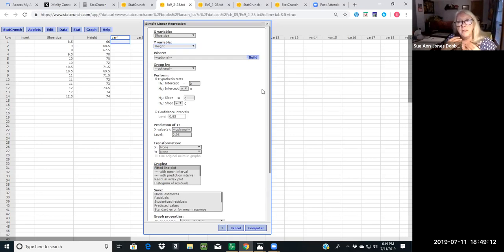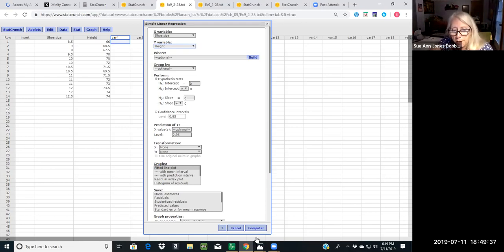If it's written out in an English sentence, the first variable mentioned is typically the x variable, and the second thing mentioned is the y variable. Most of the time, when it's written out, they will actually just say to you, considering the independent variable of shoe size and the dependent variable of height. So normally that's not a big issue.